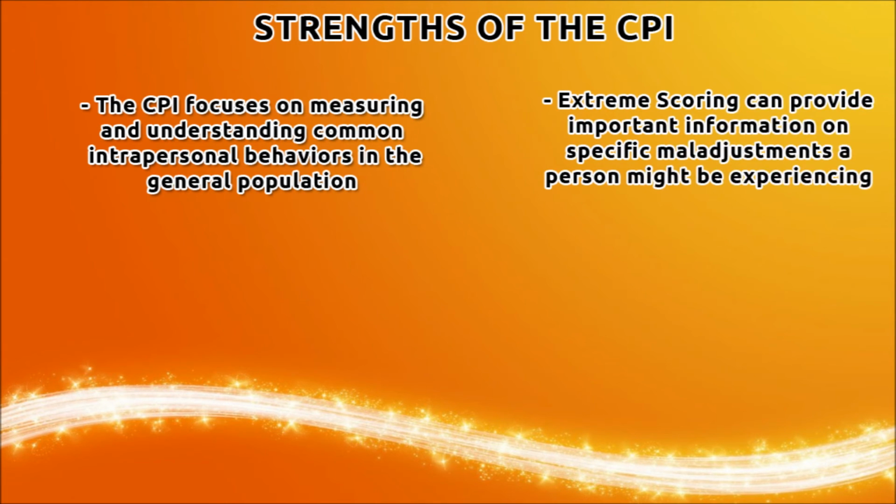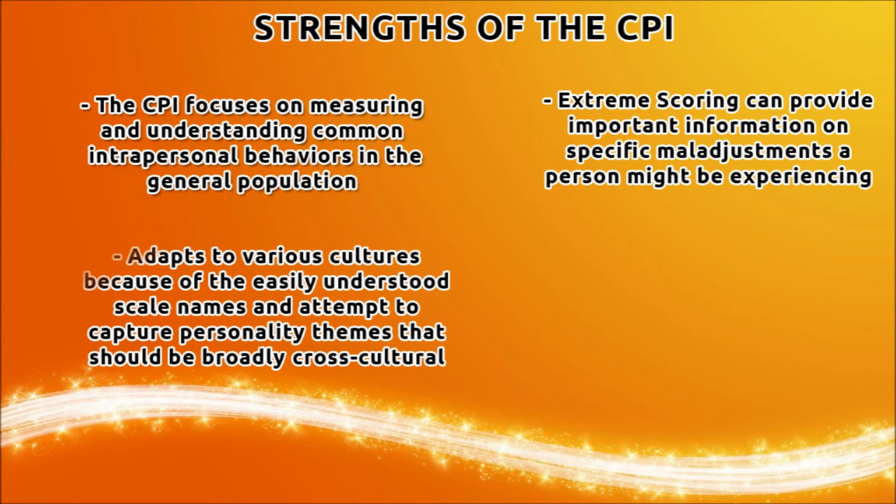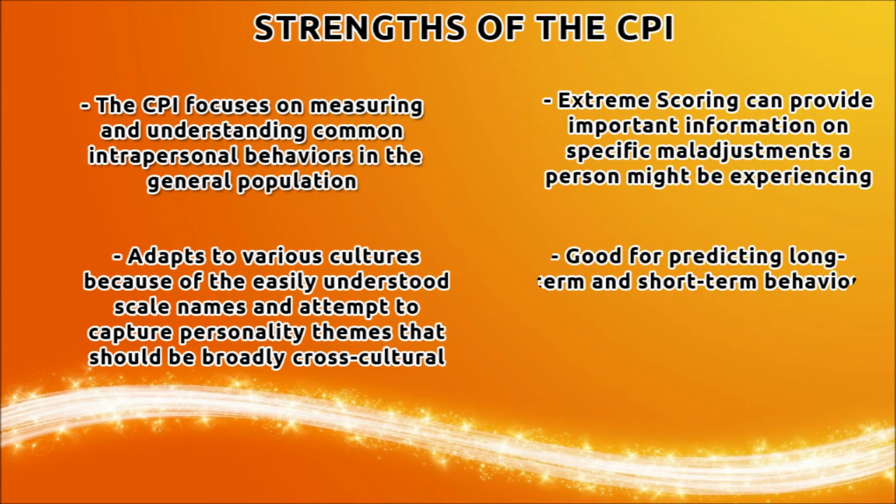Extreme scoring can provide important information on specific maladjustments a person might be experiencing. It adapts to various cultures because of its easily understood scales and attempts to capture personality themes that should be broadly cross-cultural. It is also good for predicting long-term and short-term behaviors.